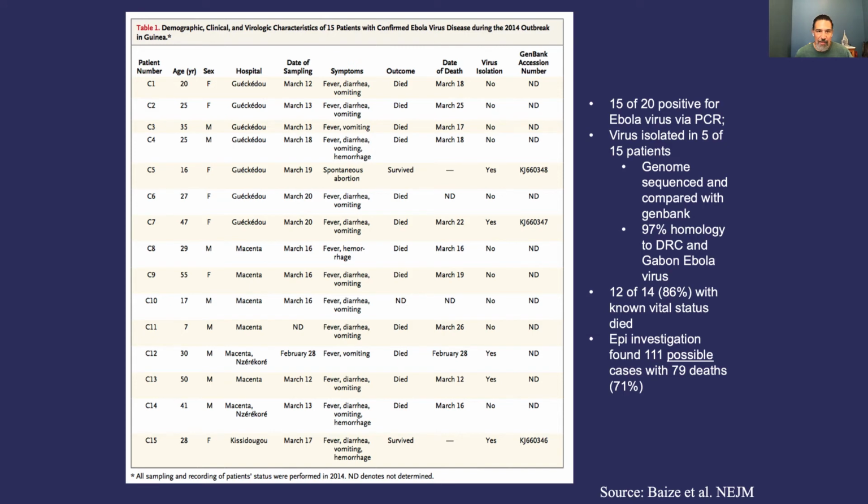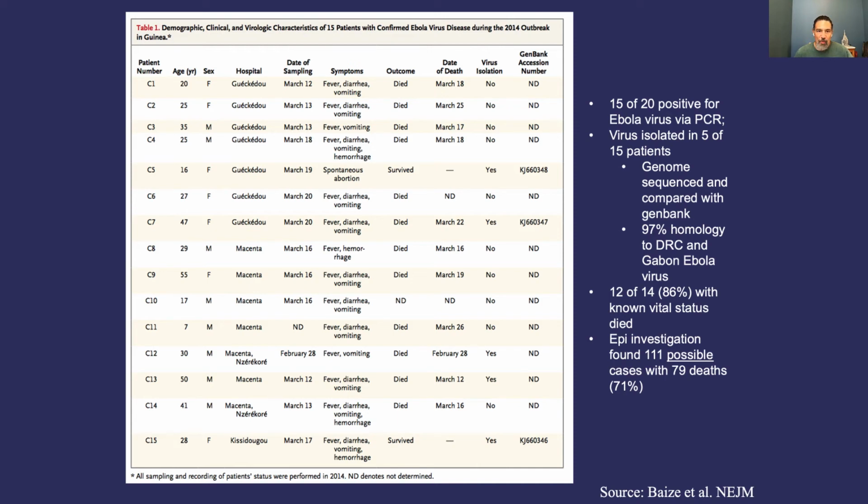They showed that they were able to isolate the virus in 5 of the 15 patients, and that when they sequenced the genome of that particular Ebola virus in that outbreak, it was closest genetically to an outbreak in DRC and Gabon, and so that may give some hints as to where the reservoir for this particular outbreak exists.